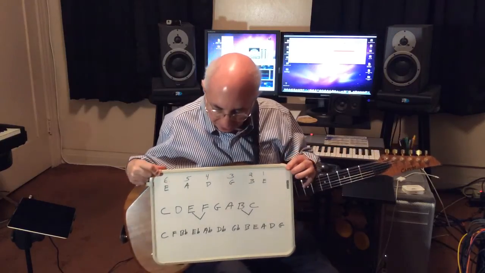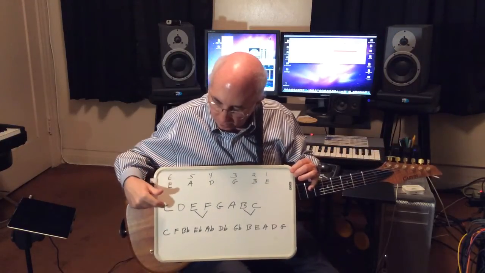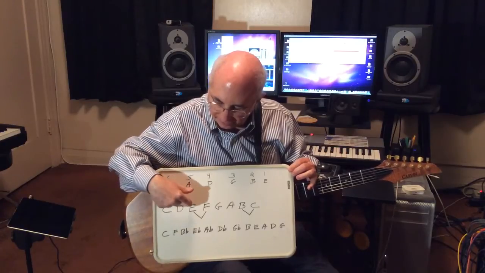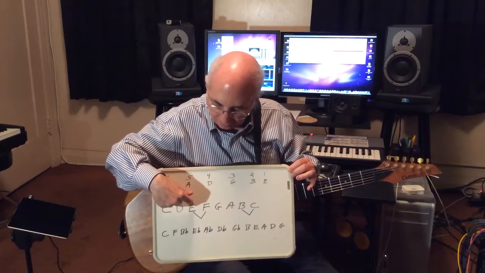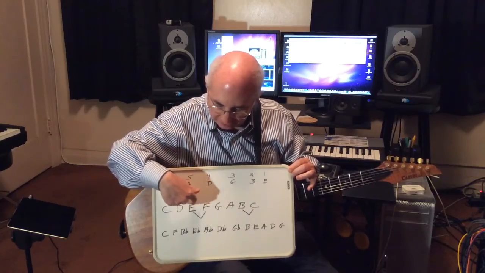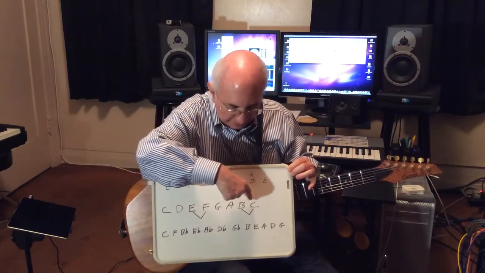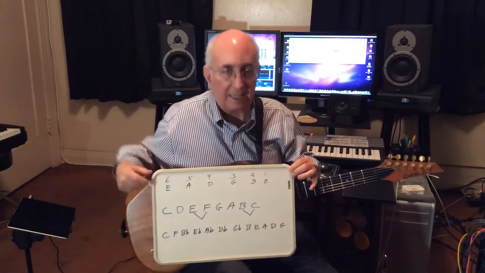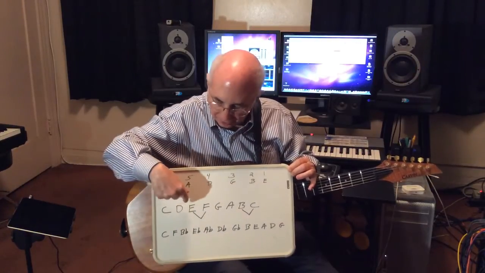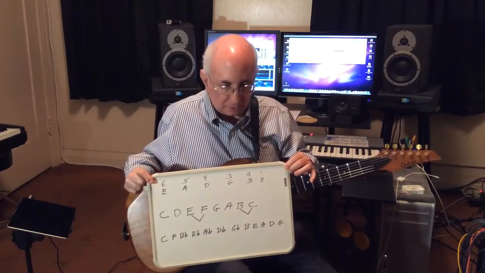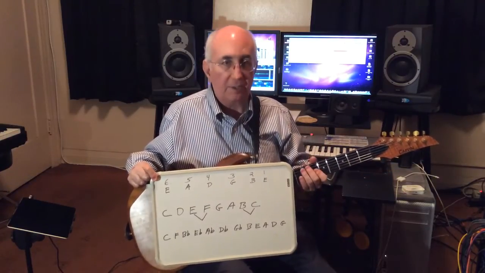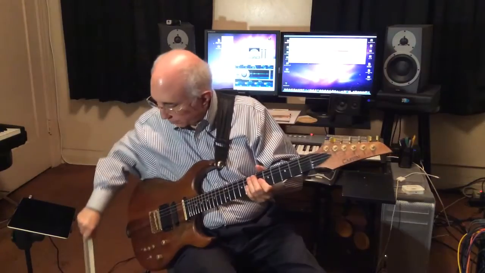Now notice on the major scale, all the notes have whole steps between them except for E and F, which is a half step, and B and C, which is a half step. All the other notes have whole steps between them. So I'll apply that to the guitar now, so you'll see how that works.